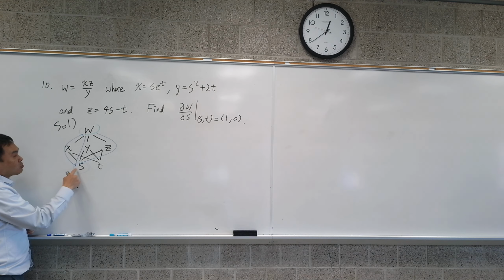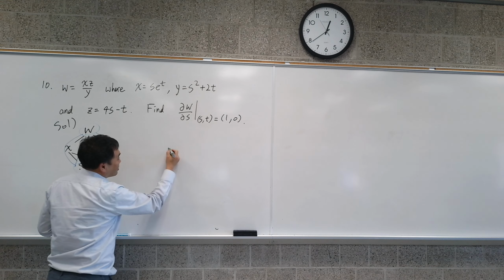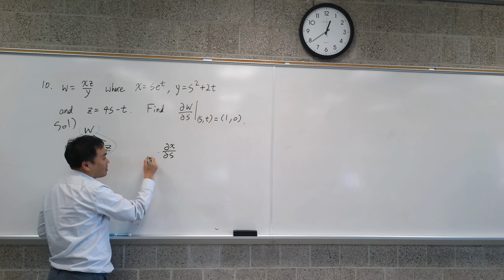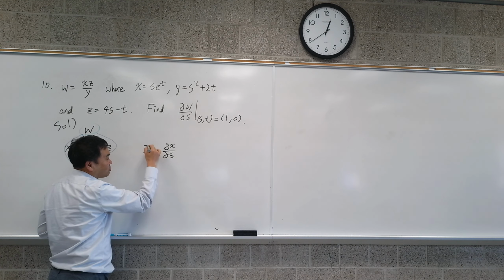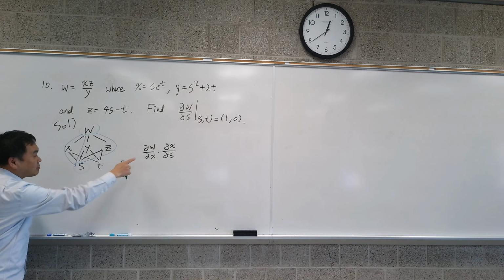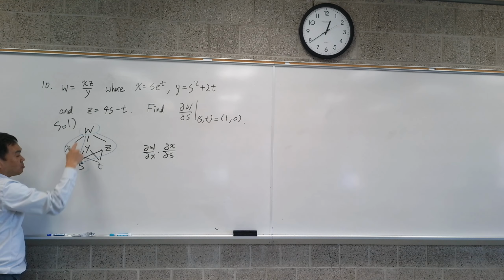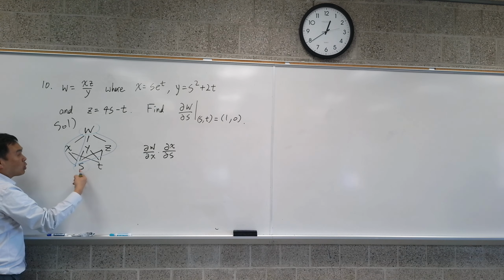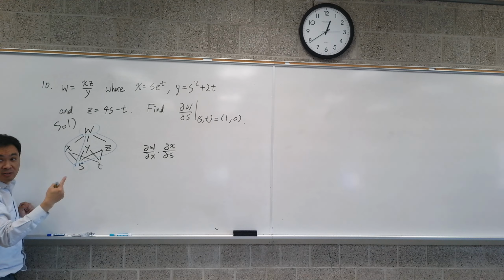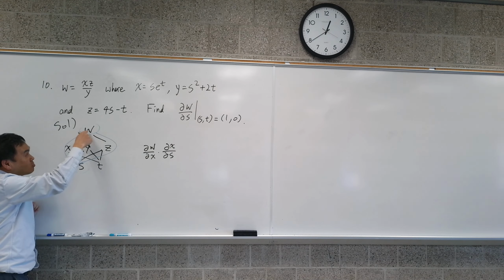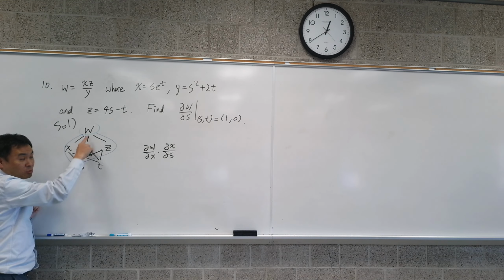So first one, when you change the value of S, that's going to change the value of X, right? So change of S is going to bring change in X, and that change is going to bring change in W. If you multiply these two, you get the change of W due to the change in S going through this first pathway. But that's not the only way that change of S brings change to W. There's another one that goes through Y, right?